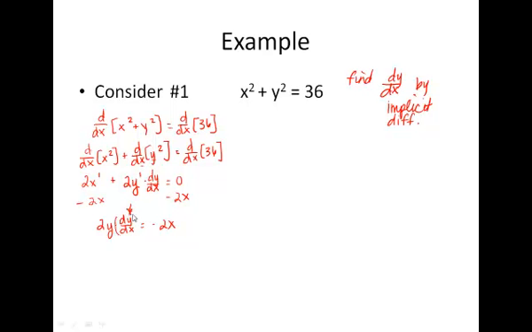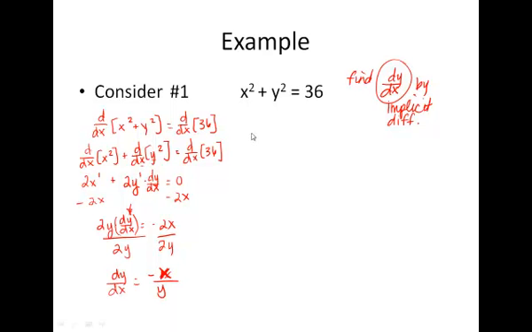So this is its own term. We're going to solve for it, get it by itself, because that's what we're trying to find. I'm going to divide both sides by 2y, and dy dx is equal to negative 1x over y. And I don't even need that 1. It's just negative x over y.